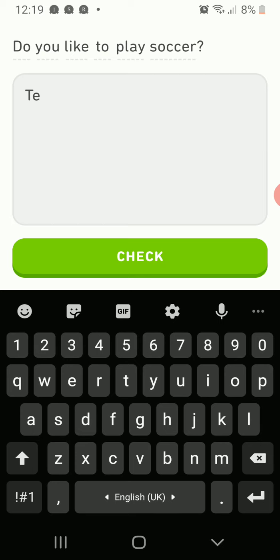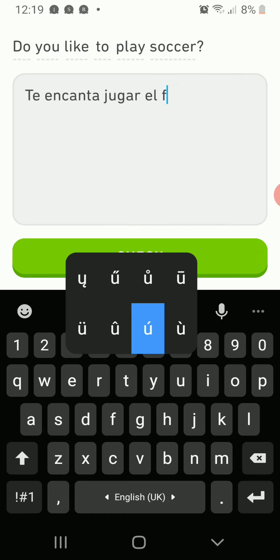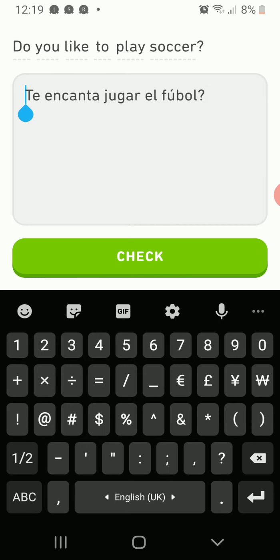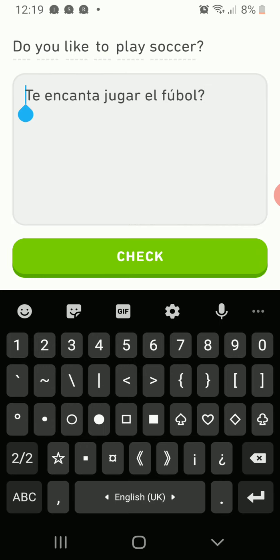Te encanta? Well, try like this. I know I could say jugar. Jugar is to play. Jugar what? El fútbol, and fútbol has an accent here. And this is a question, and please do not forget to use the right punctuation and diacritical marks.